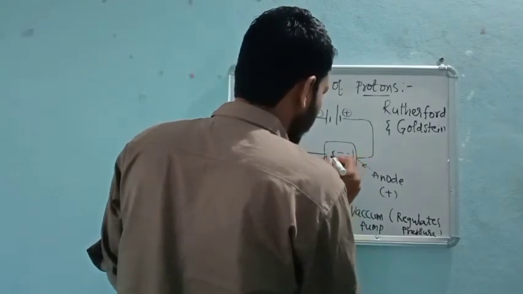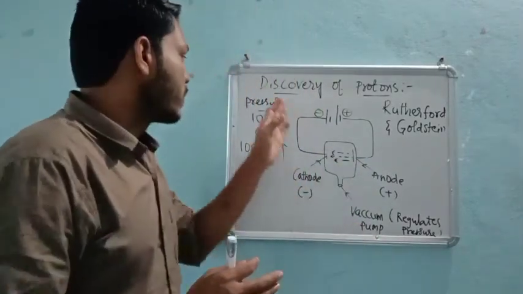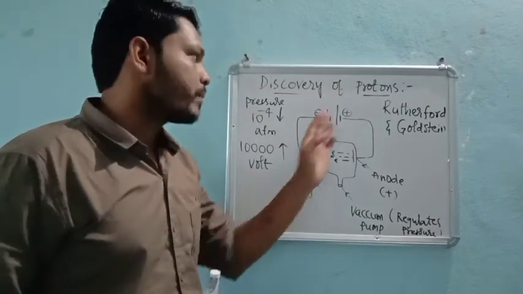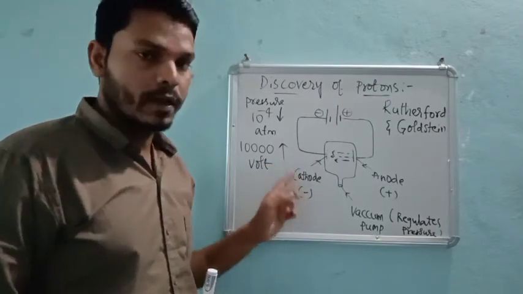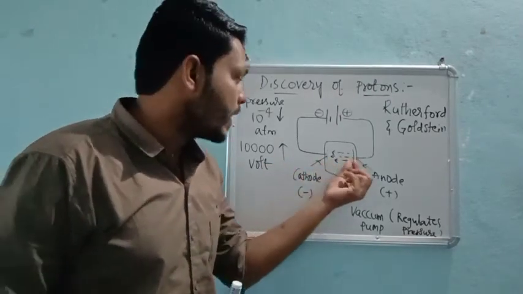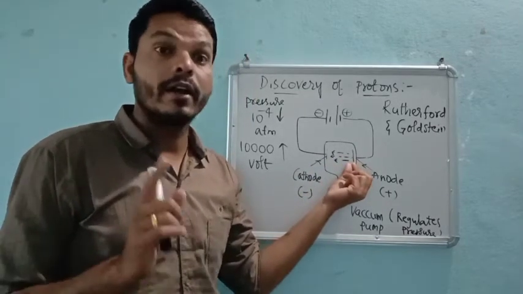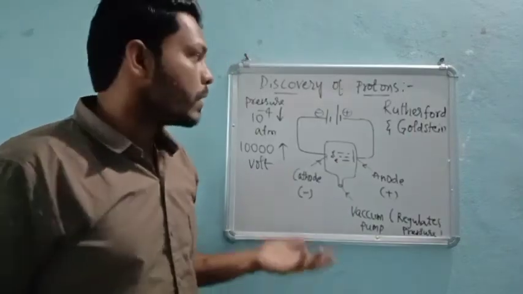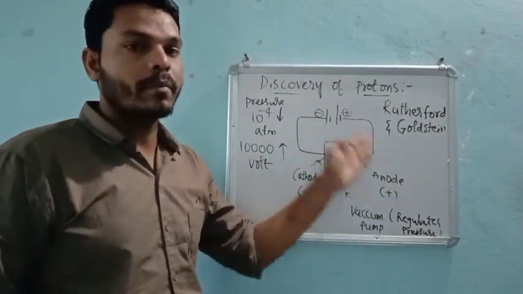Like this. Now the direction will be like this. That means, sir, you are saying that the same thing we are doing, how is it possible that sometimes the rays are moving from cathode to anode, and sometimes from anode to cathode?